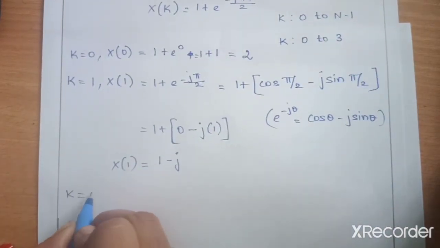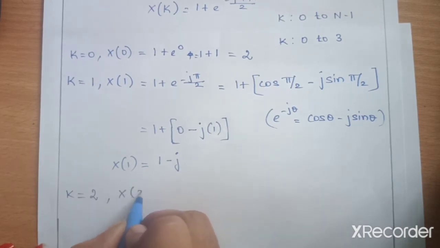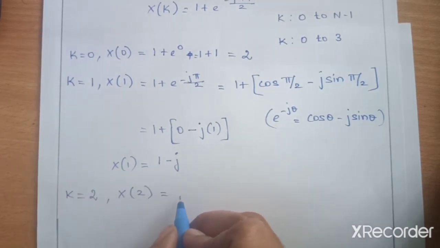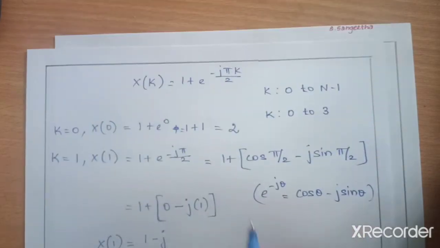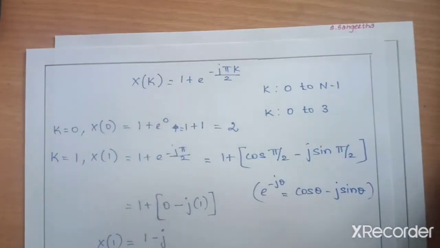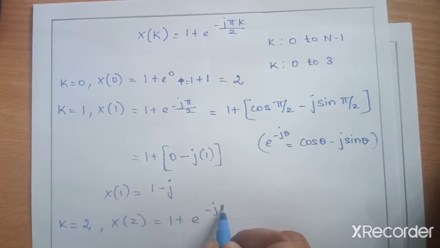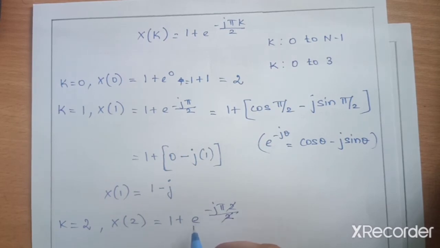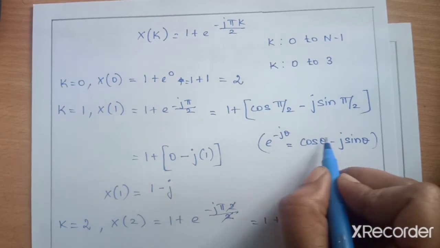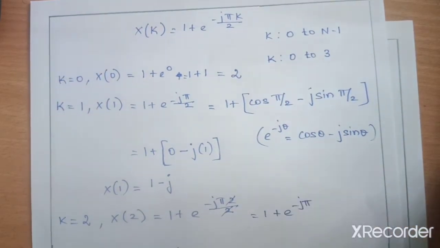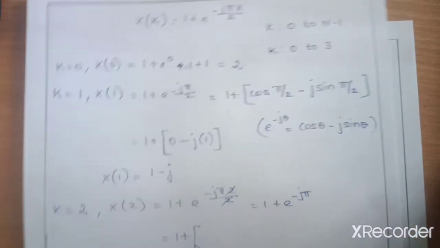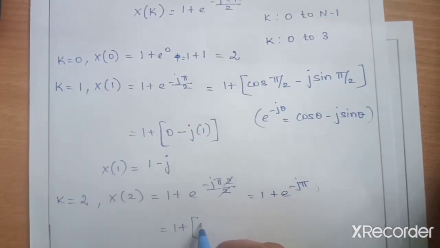Next you have to substitute the value of k as 2. So X of 2 is equal to 1 plus e power, here you substitute k as 2, minus j pi 2 divided by 2. So here the 2 cancels, and the term will be e power minus j pi. 1 plus e power minus j pi. You can also write this term with respect to this formula. 1 plus, the theta value will be pi here.